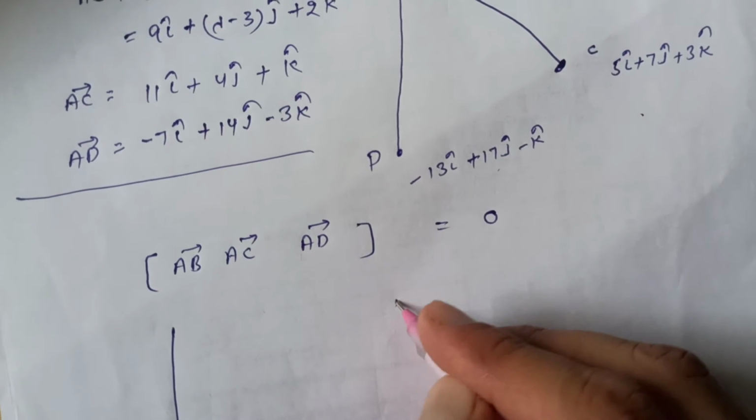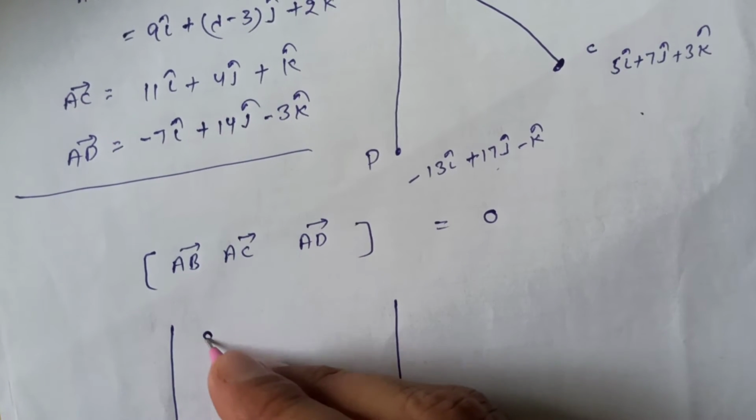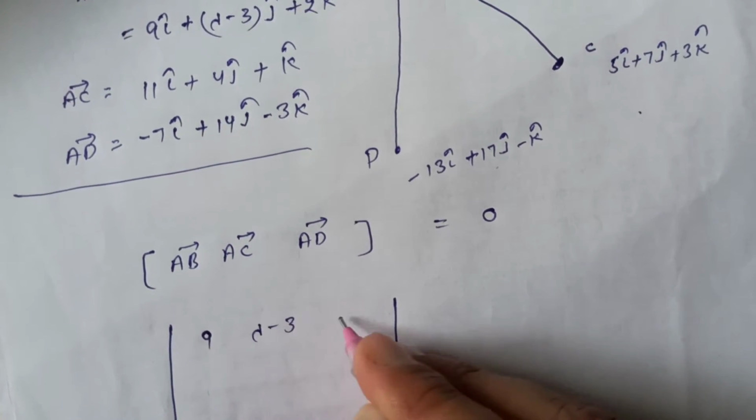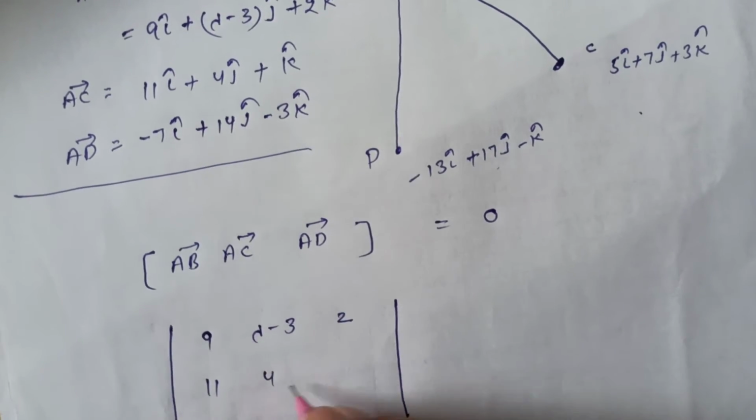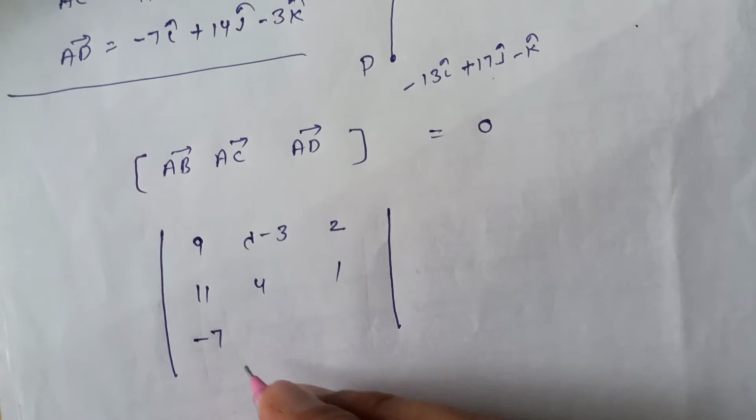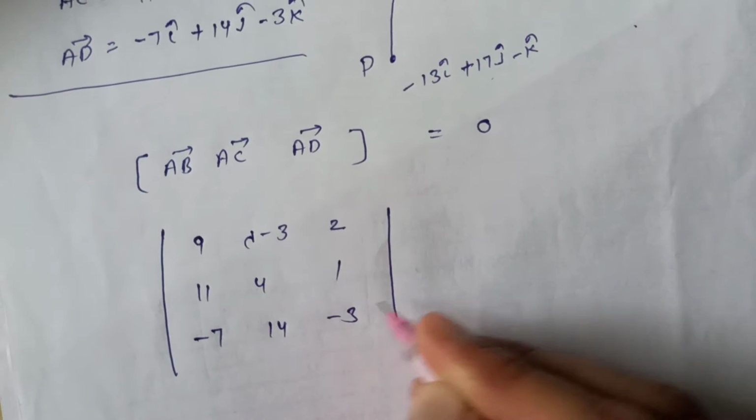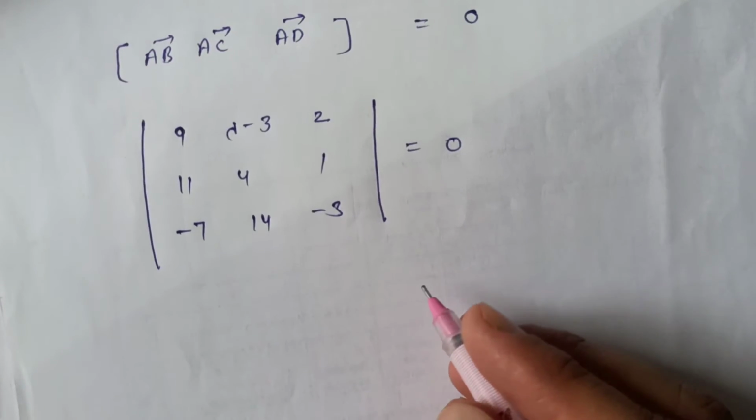Scalar triple product, that will be the determinant 9, lambda minus 3, 2, 11, 4 and 1, minus 7, 14, minus 3, must be 0.